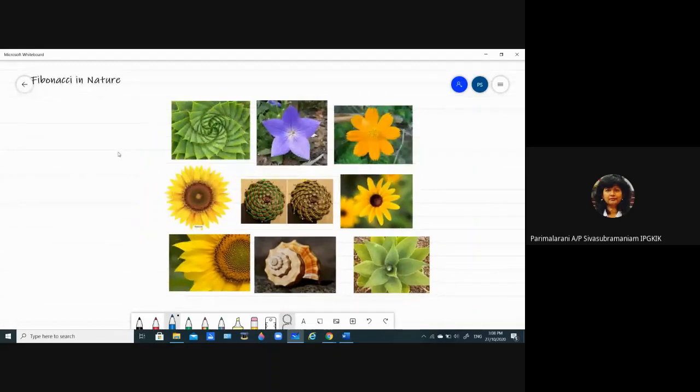Let's look at these examples here. We have some flowers here. Let's look at the first flower, this orange flower. Let's count how many petals there are: 1, 2, 3, 4, 5, 6, 7, 8.